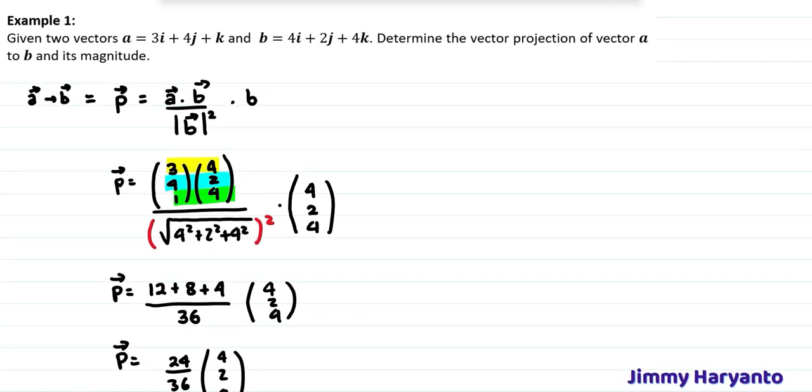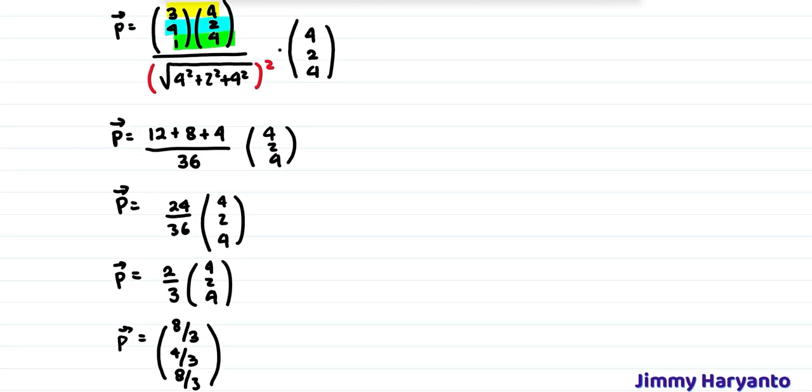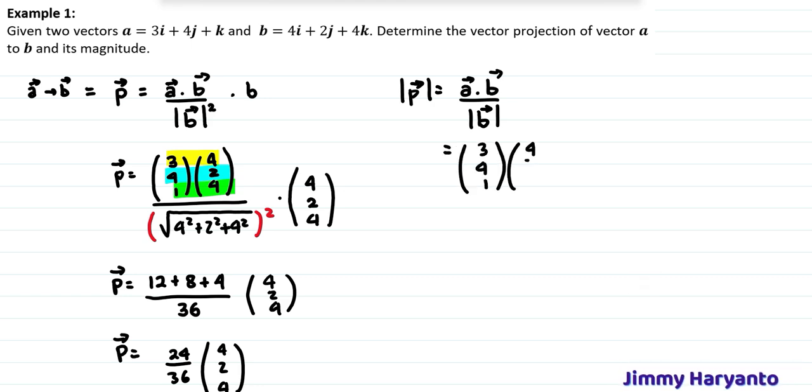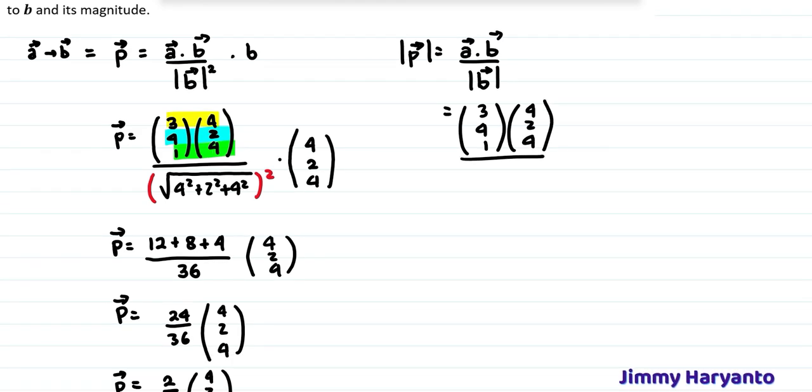Next is to find the magnitude. The magnitude of P can be found by using the result before, but in this case I want to use the formula. So the formula is A dot B over the magnitude of B. The A dot B is (3, 4, 1) times 4, 2, and 4, divided by the magnitude of B. We already calculated before, so I will copy the result.